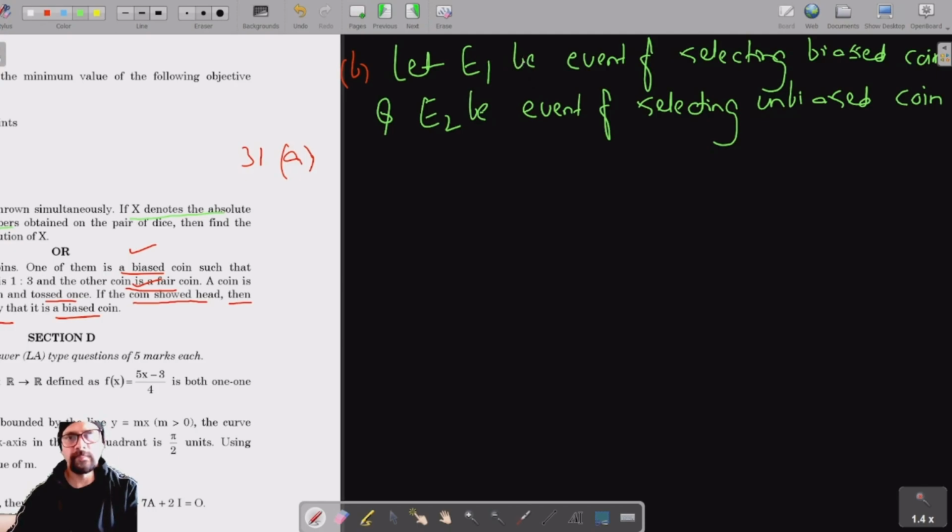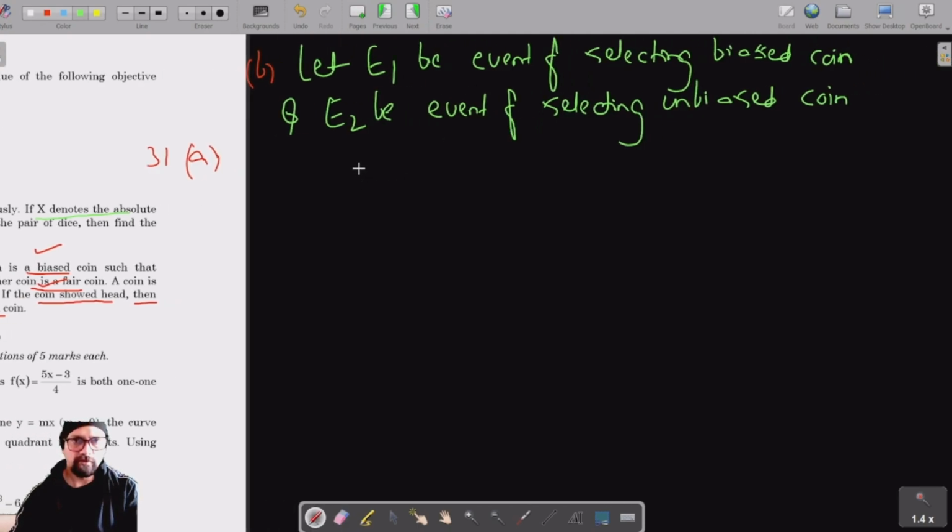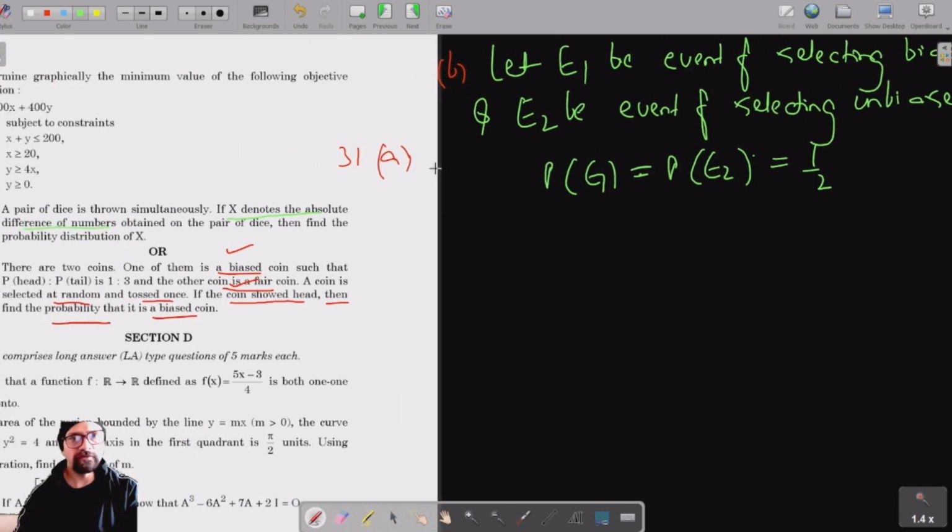Now the probability of each event, because there are two coins and we can select either of them, is half.